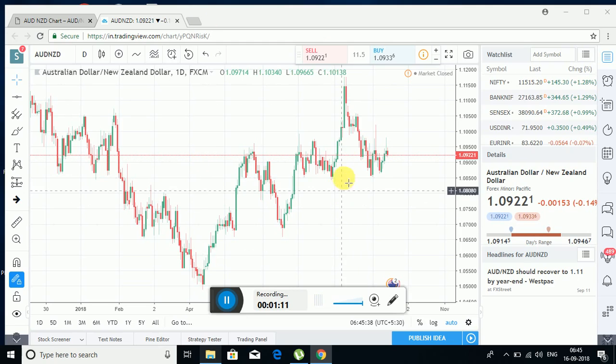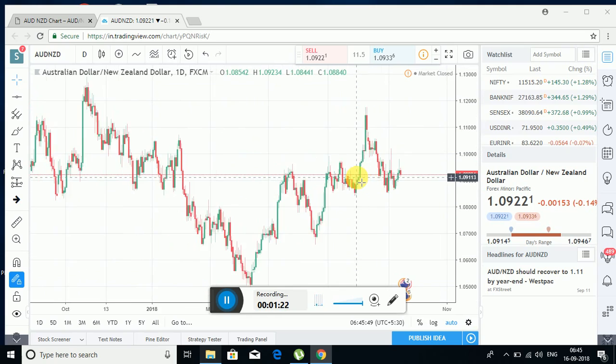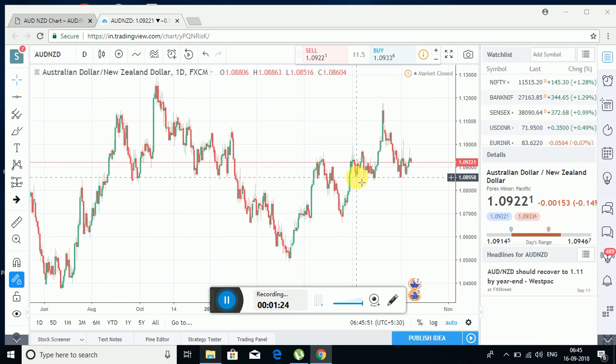Now, if you see this chart overall, what you can observe is that the market is not in any direction. All we are in is a very chaotic range, if you see right over here.